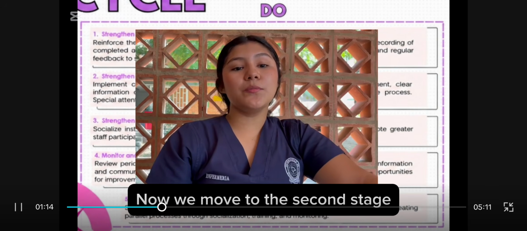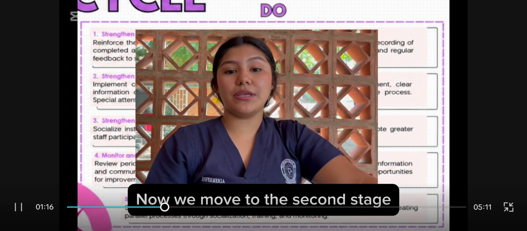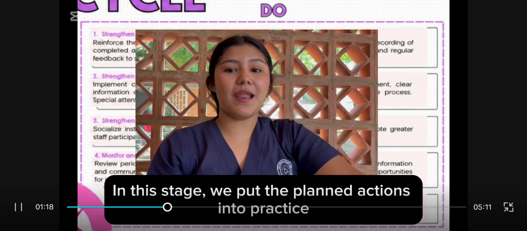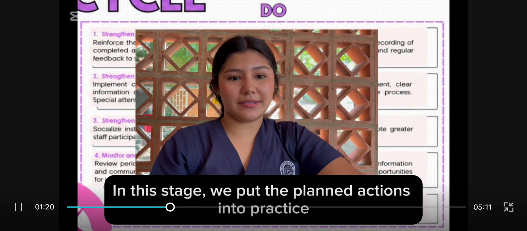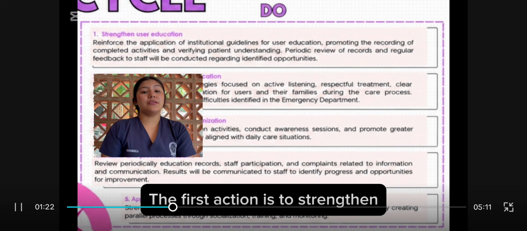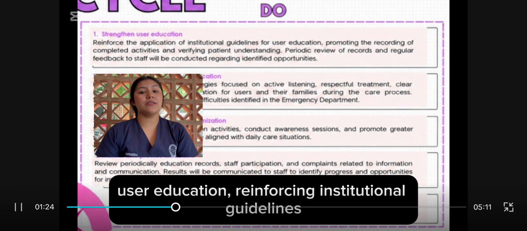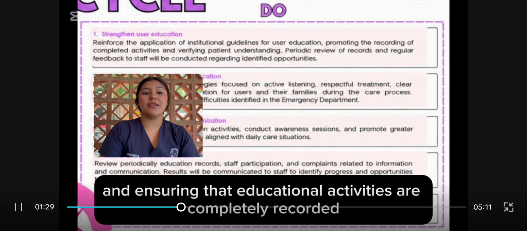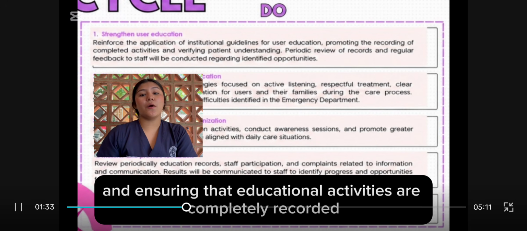Now we move to the second stage. In this stage, we put the plan into practice. The first action is to strengthen user education, reinforcing institutional guidelines and ensuring that education activities are completely recorded.